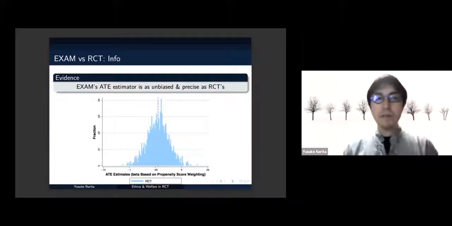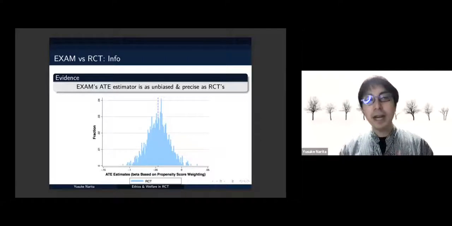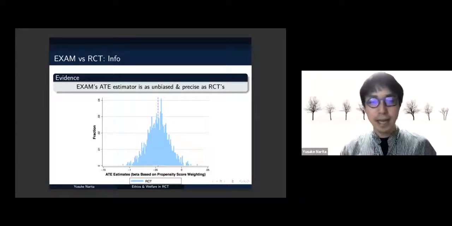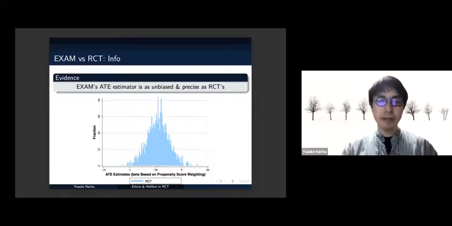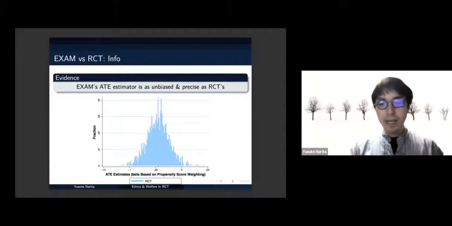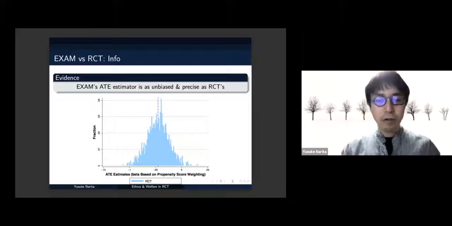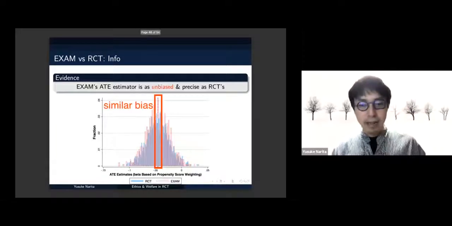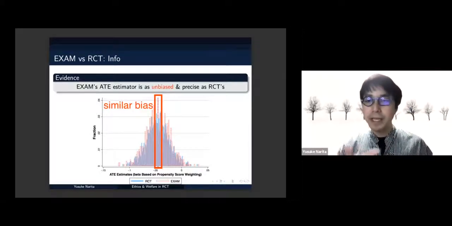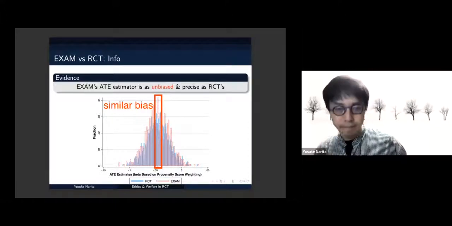Then despite this welfare merit, exam's average treatment effect estimation turns out to be as unbiased and as precise as RCT's average treatment effect estimation in this particular setting. Here, this blue distribution is the distribution of average treatment effect estimates under RCT. If we switch to exam, the resulting distribution of average treatment effect estimates is this red distribution, which is very similar to the original blue one, right?